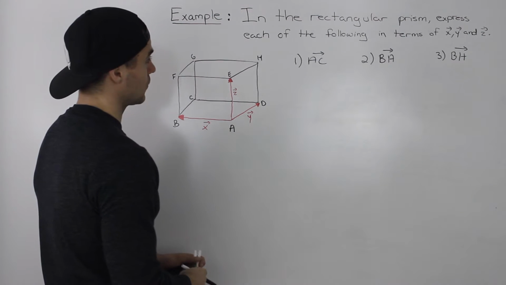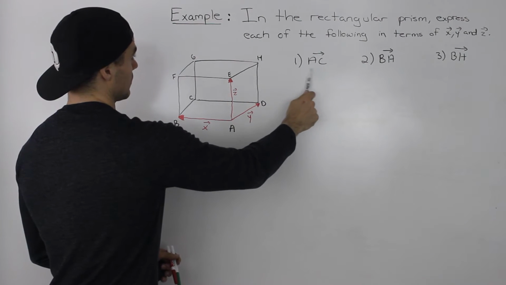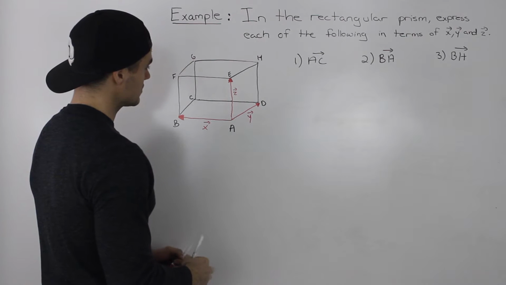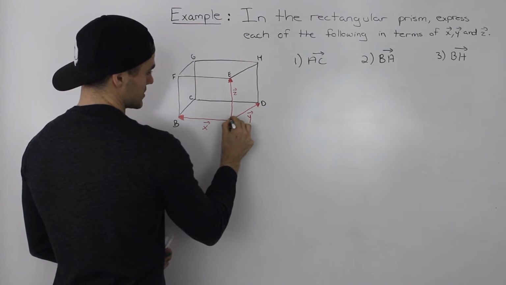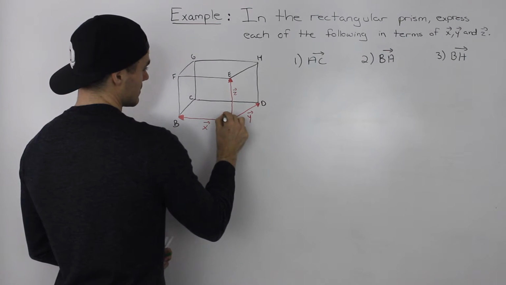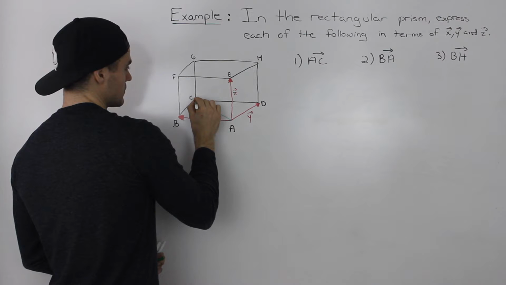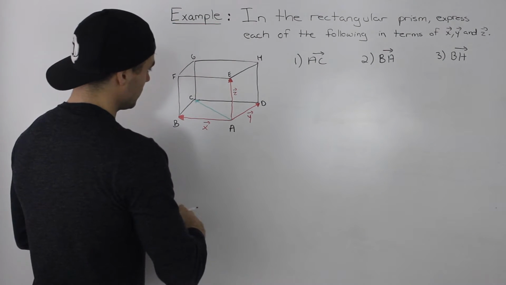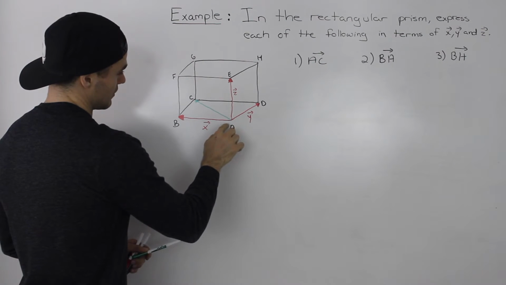So let's start with the first scenario, this vector AC. Now this vector AC, its tail would start at A and its head would be at C. So it would be like this. So how can we go from A to C? Well, we can start with this vector.